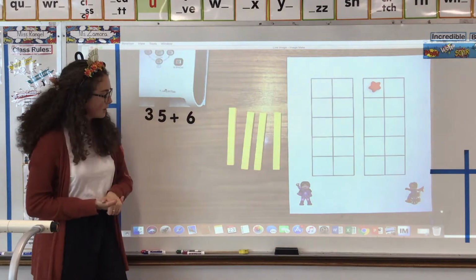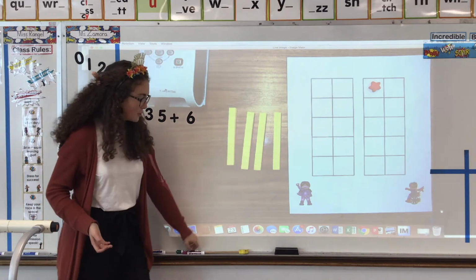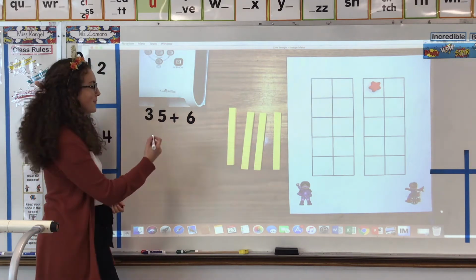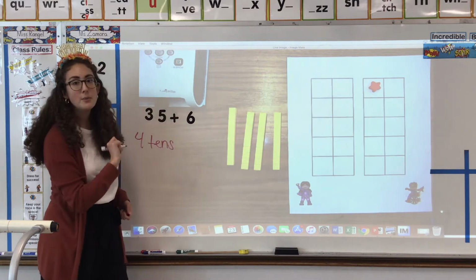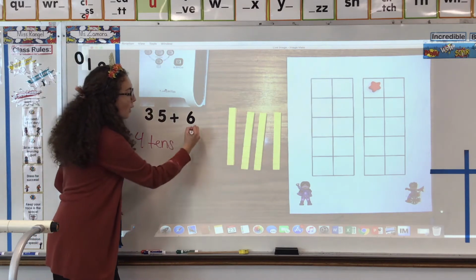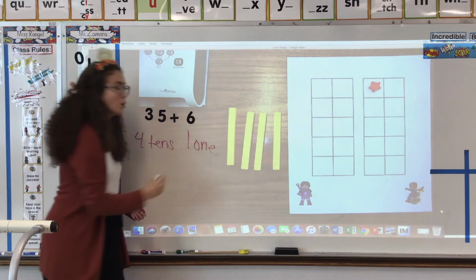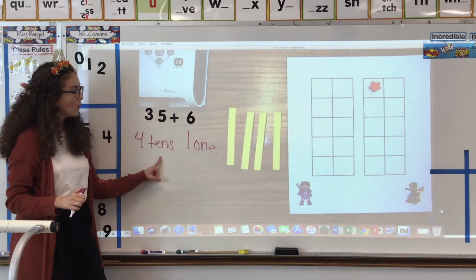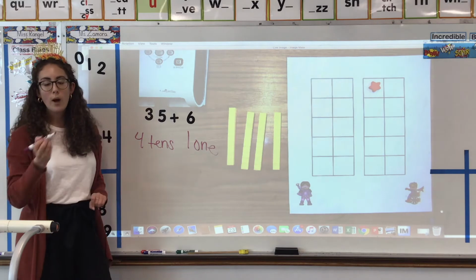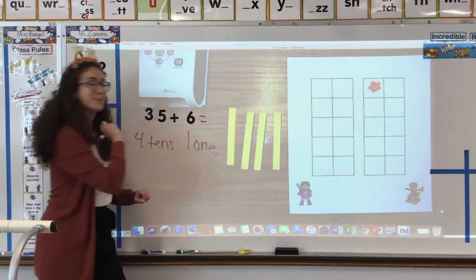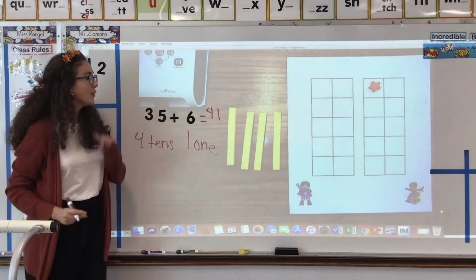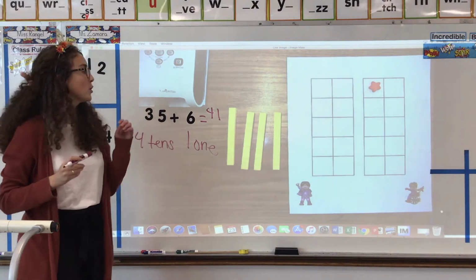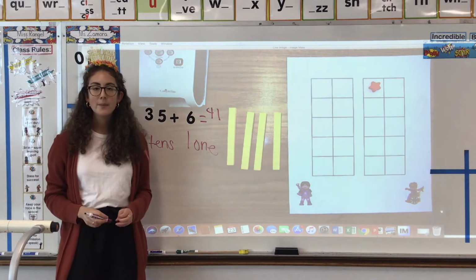So now, second grade, how many 10s do we have? 4 10s. And how many ones do we have? 1 one. So what is our answer? 4 10s plus 1 one is 41. 35 plus 6 equals 41.